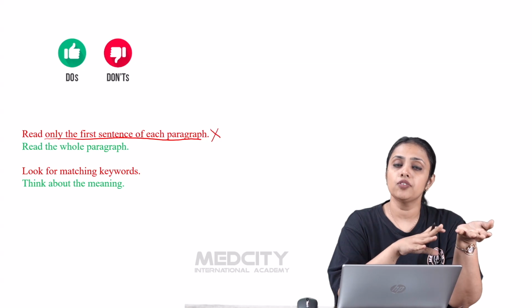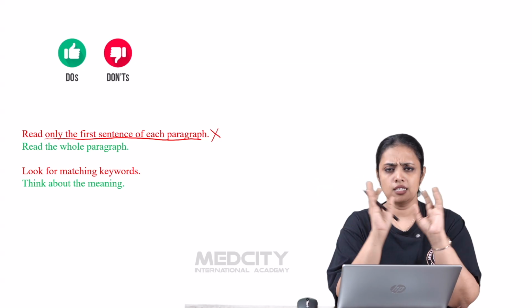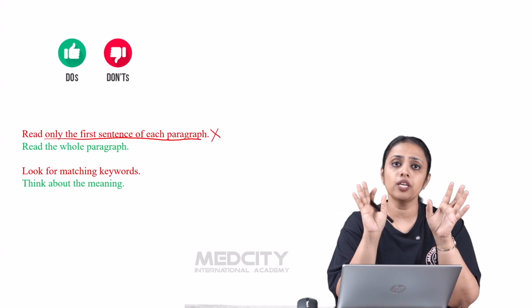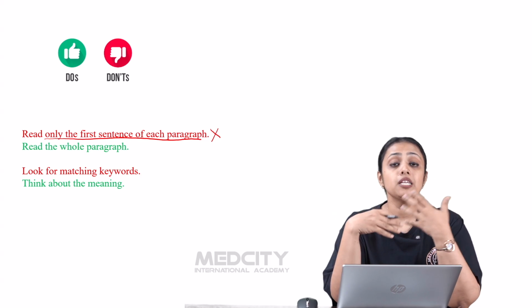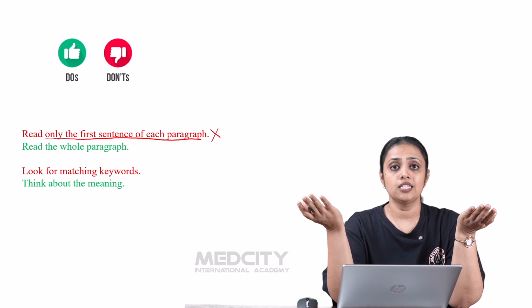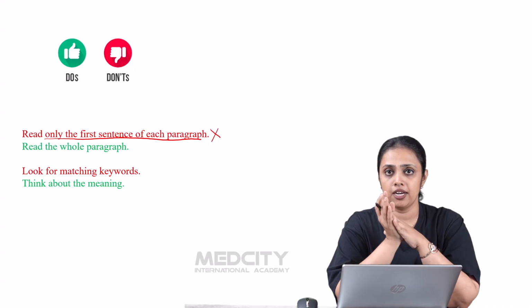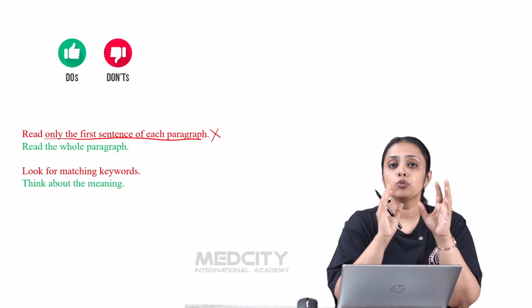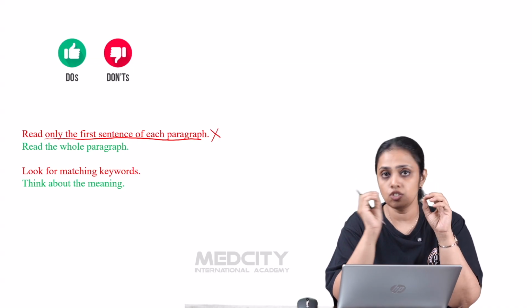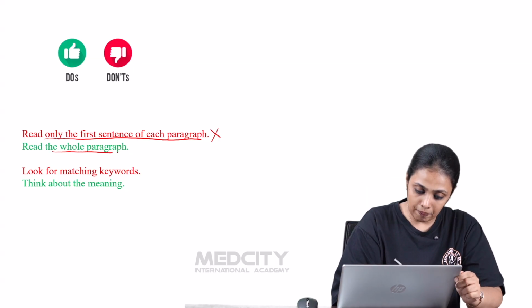If you read the first and last sentence of a paragraph, and both convey the same idea, we can be sure the idea discussed in that paragraph is the same. But if the first and last sentences are entirely different, we have to conclude that the idea changes inside that paragraph. So never conclude what the heading is just by reading the first sentence alone. Read the whole paragraph.